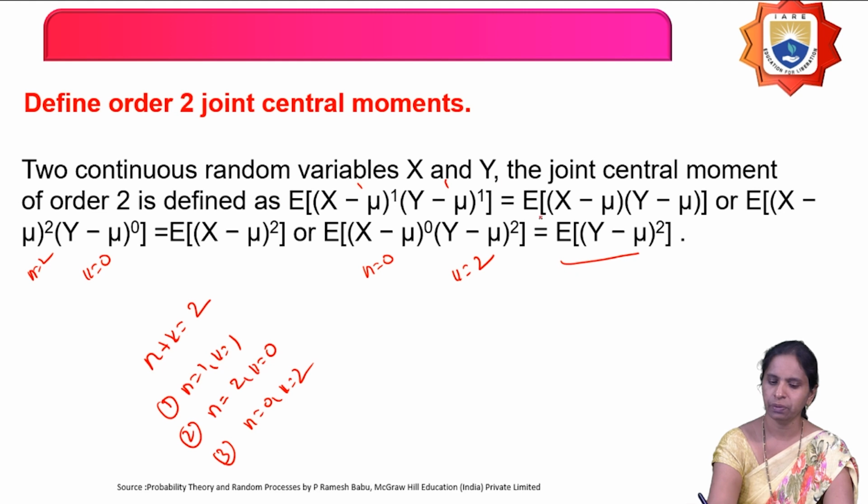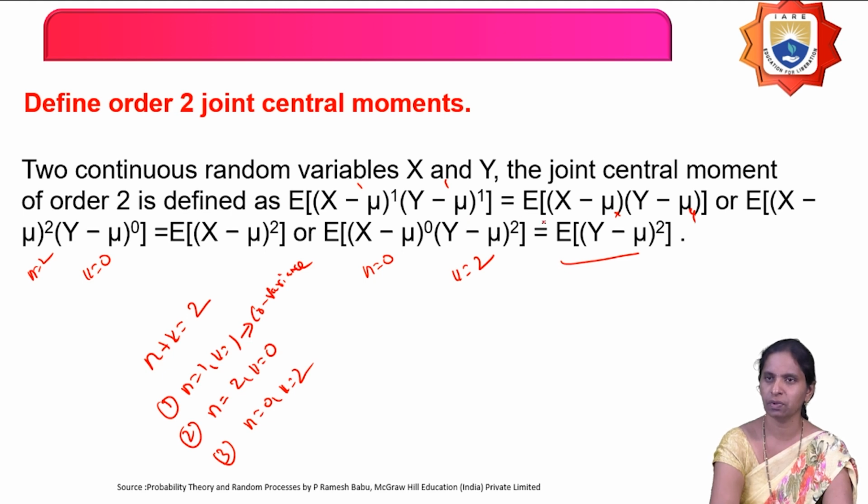So if n equals 1 and k equals 1, it is called covariance, nothing but expectation of (x minus x bar) into (y minus y bar), or expectation of (x minus mu x) into (y minus mu y).